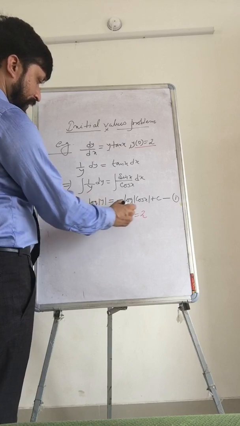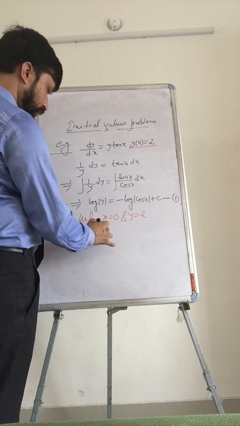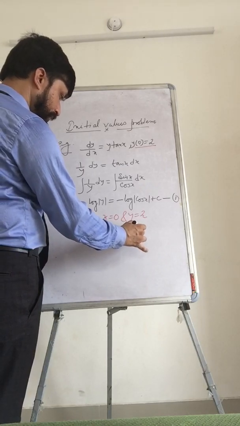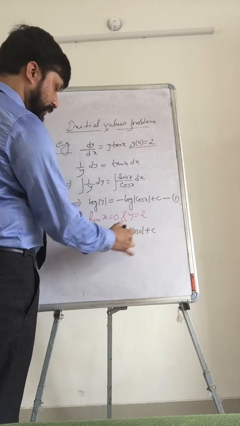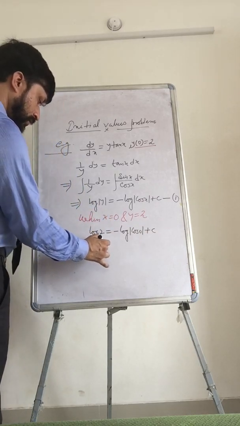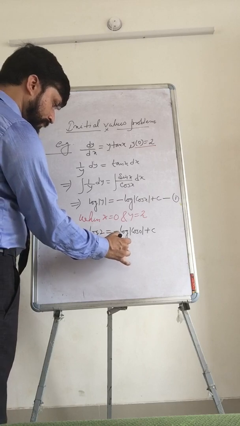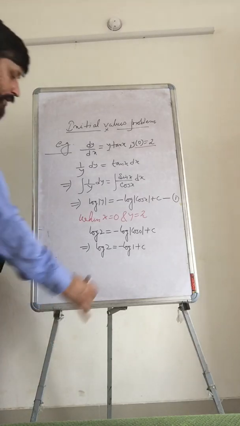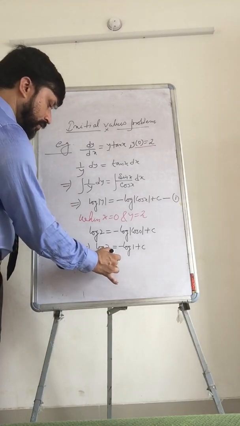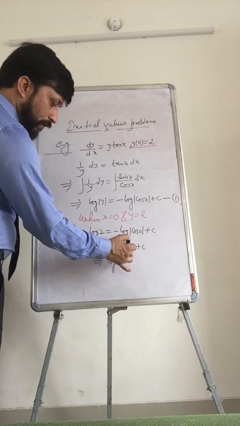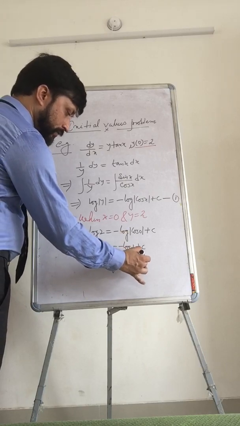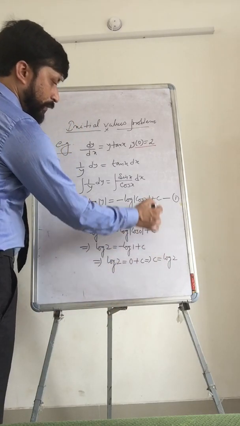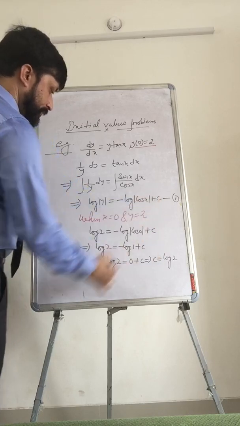The y value is 2, so we get log 2 equal to minus log cos 0 plus c. Next, log 2 equal to minus log 1 plus c, because cos 0 is 1. The value of log 1 is 0. This means the value of c is log 2. This value of c we will put here.